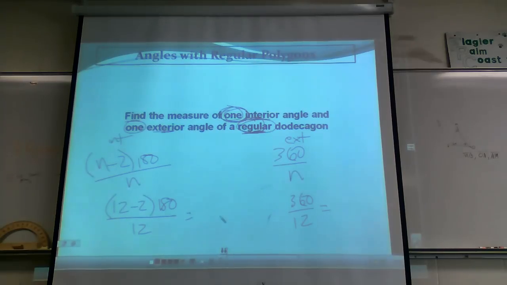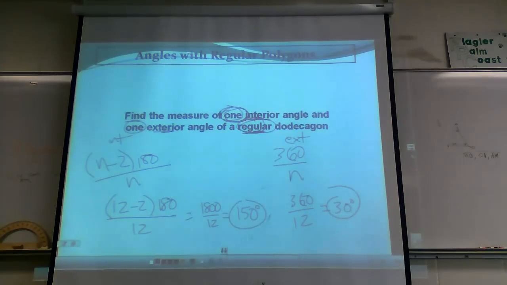So what is this here? 10 times 180, which is 1800, divided by 12. Over here, 360 divided by 12. Wouldn't that be 30? Okay. I think that's correct. And what about this one? 150. Okay, so those would be your two answers.